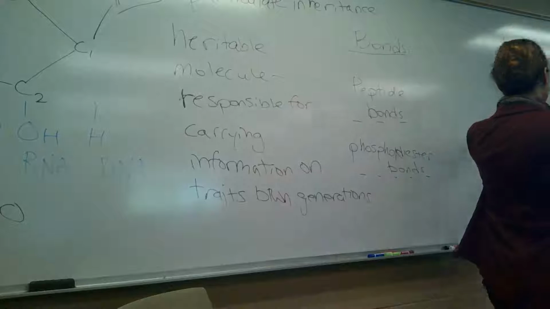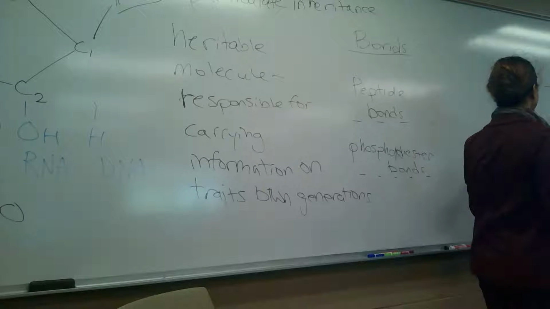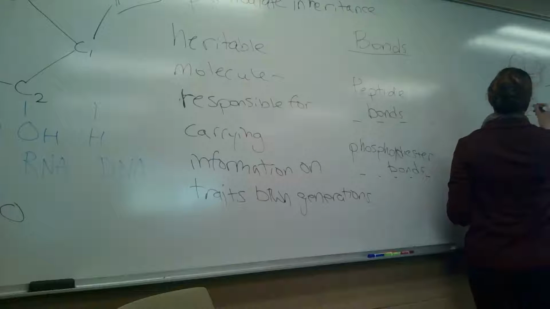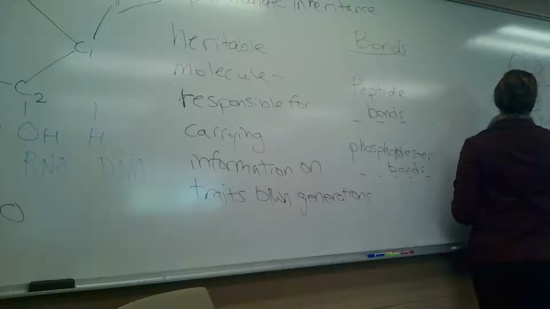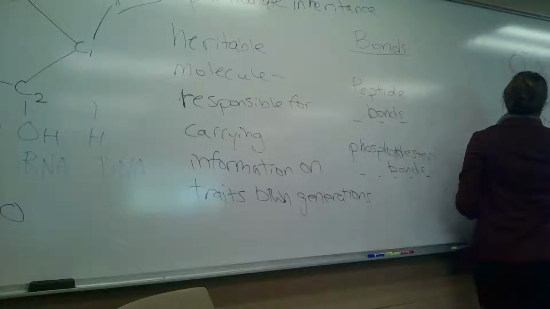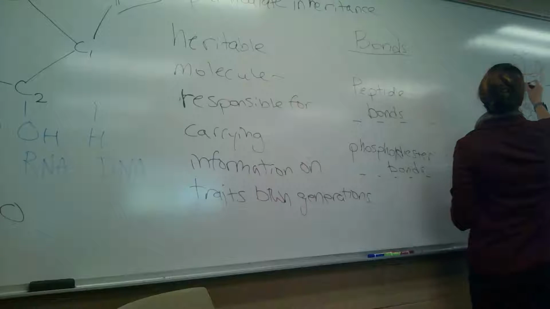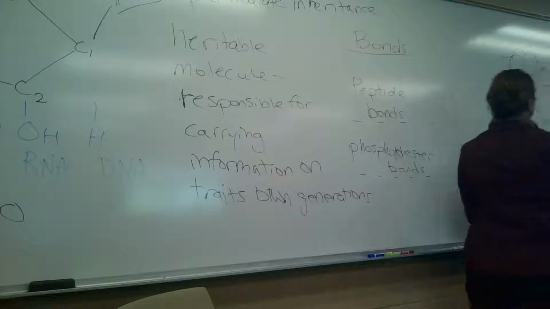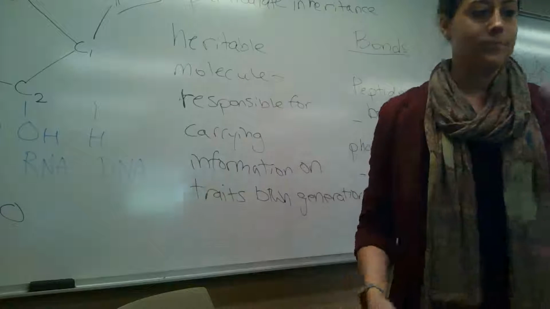So for simplicity here, I just drew these spheres, but in reality, each of these has a tail. And the tails project out so that other proteins can interact with them.